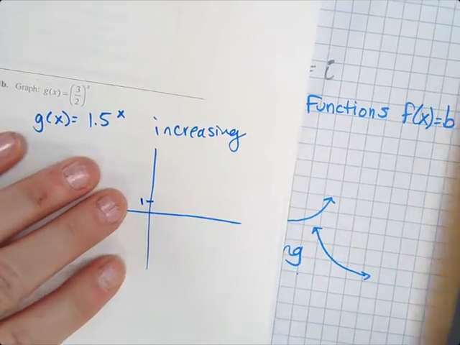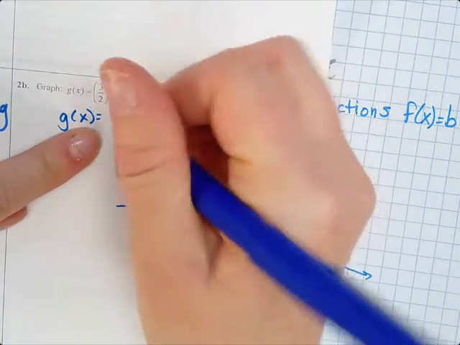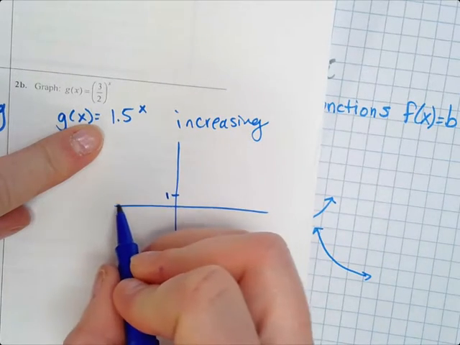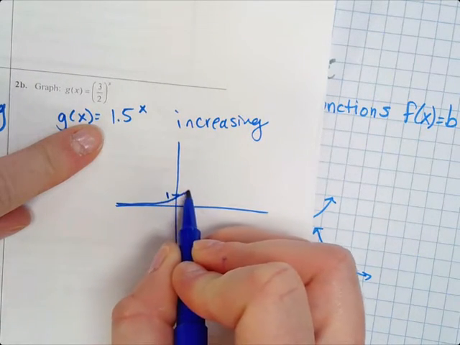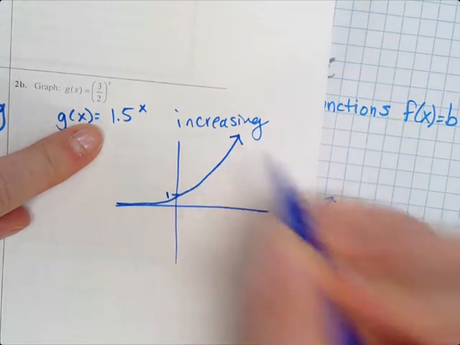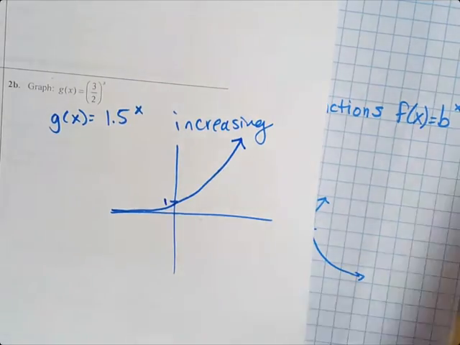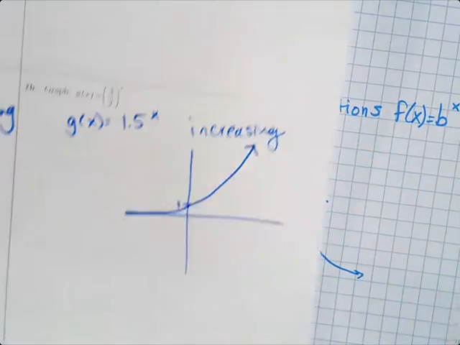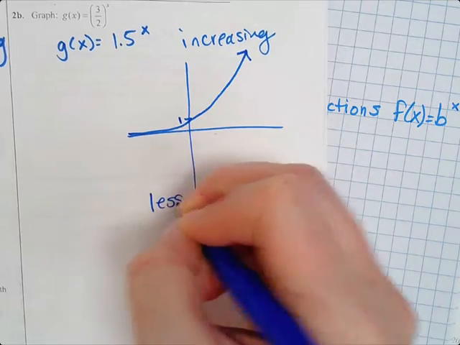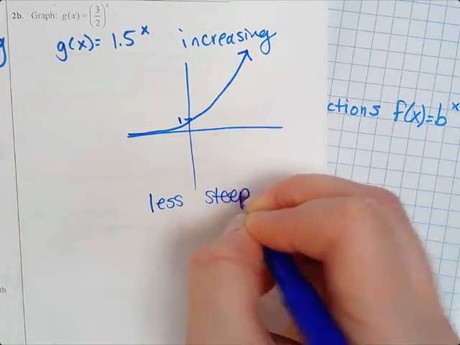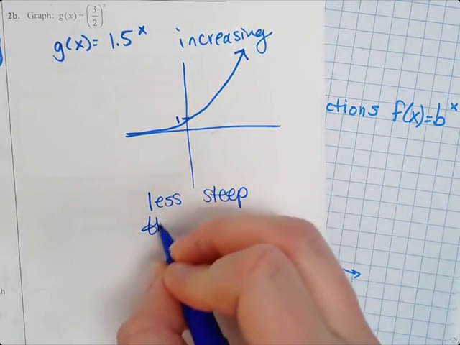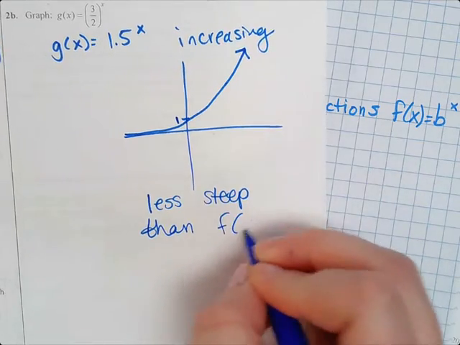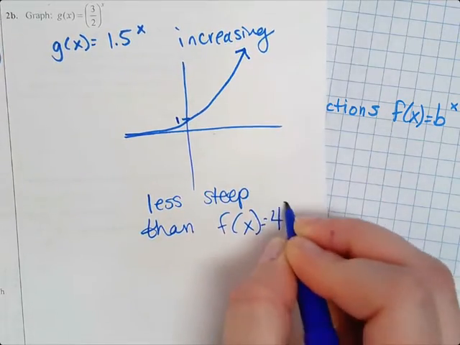The 4 to the x would be steeper. So it's going to go more like that compared to the other one, which was a sharp increase. So I'm just going to write here less steep than f of x equals 4 raised to the x.